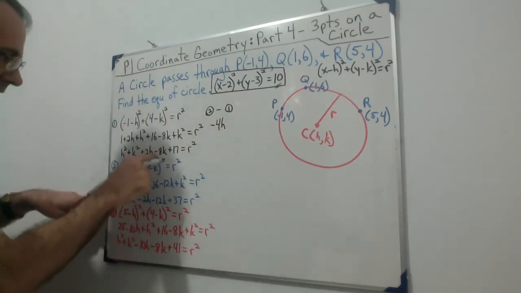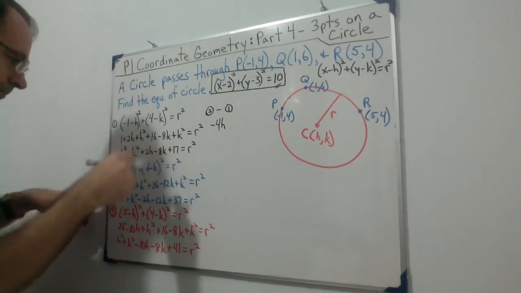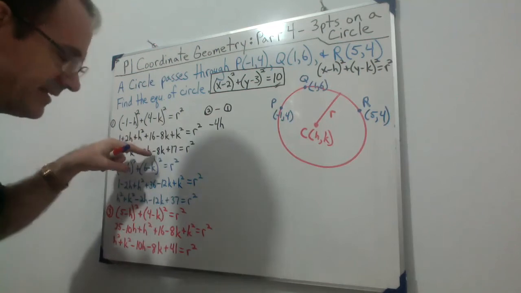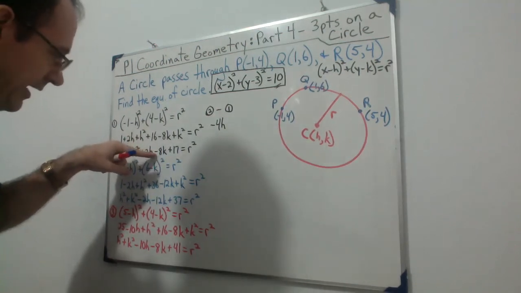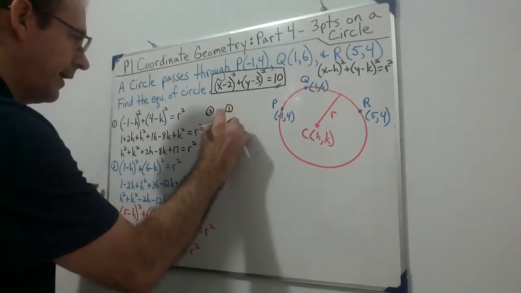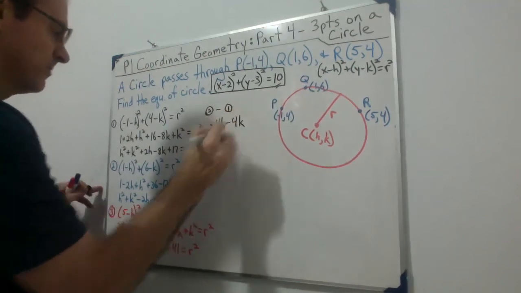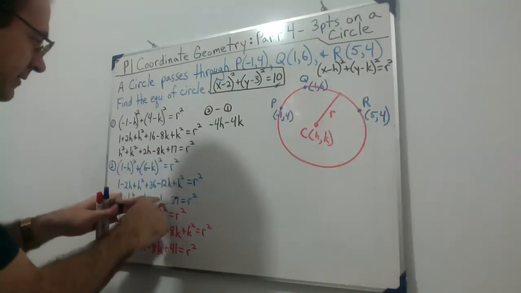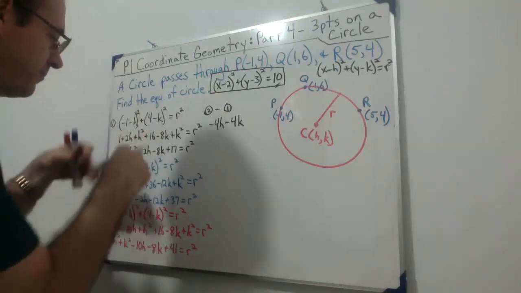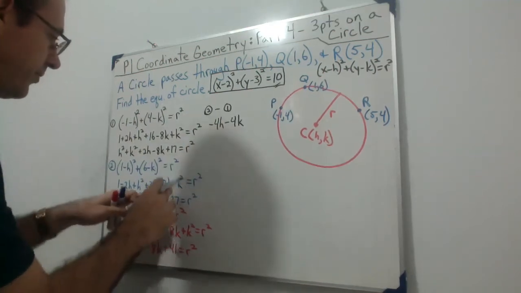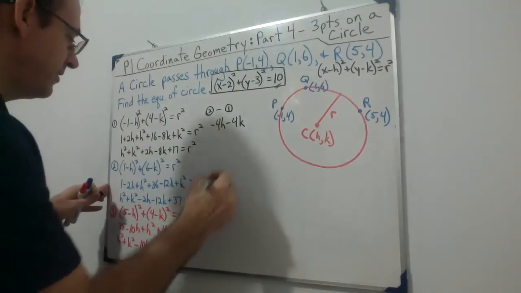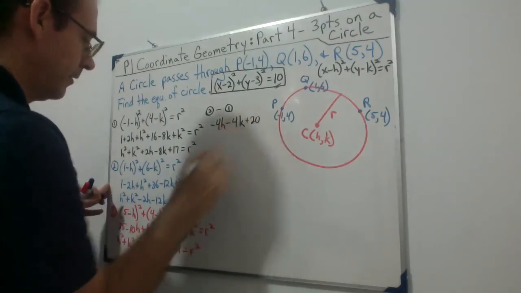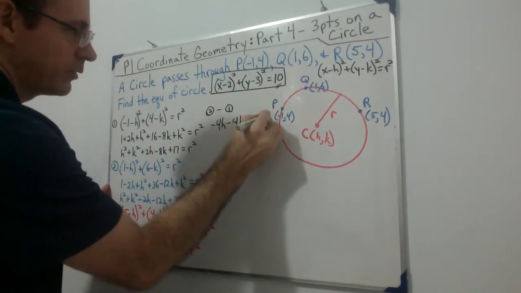Negative 12k minus a negative 8k means plus 8k. So that's going to give us a minus 4k. So negative 2 minus 2 is minus 4. Negative 12 plus 8 is still minus 4. 37 minus 17 is 20. R squared minus r squared equals 0.